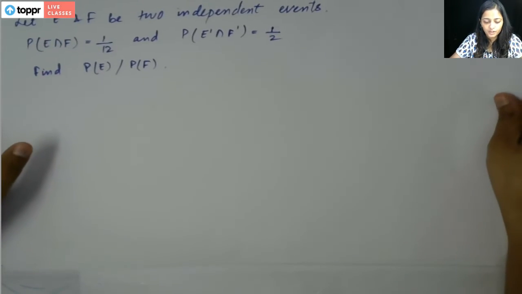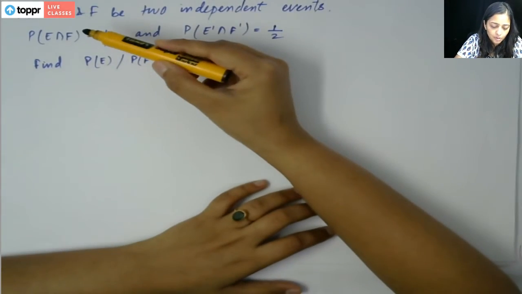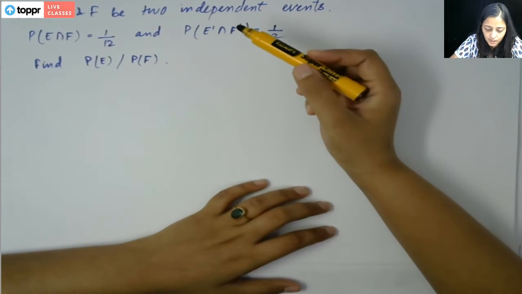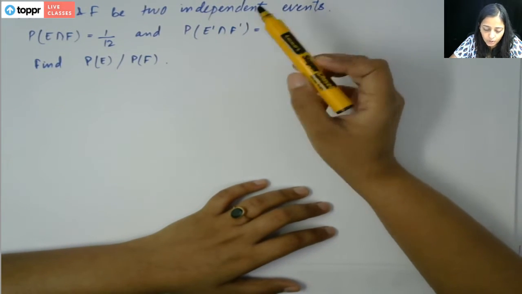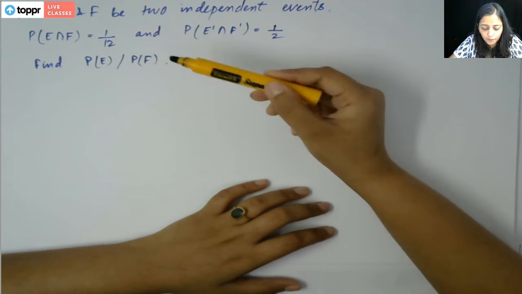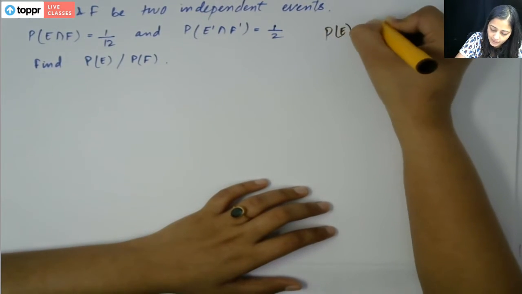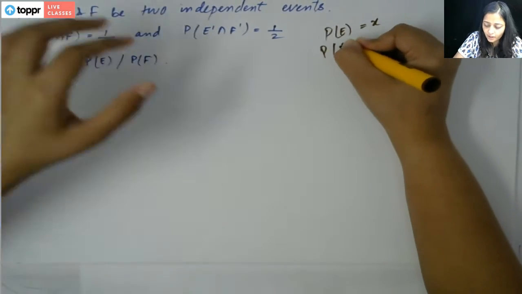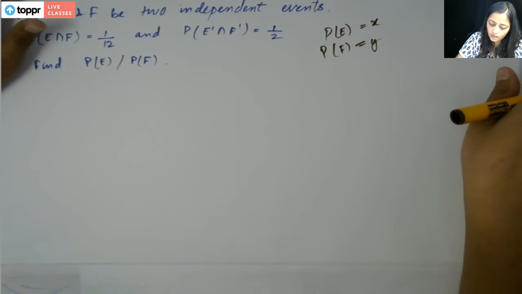The next question: let E and F be 2 independent events, and the probability of E intersection F is 1 by 12, and E complement intersection F complement is 1 by 2. We have to find probability of event E divided by probability of event F. Let's say probability of event E is X and probability of event F is Y. Okay.